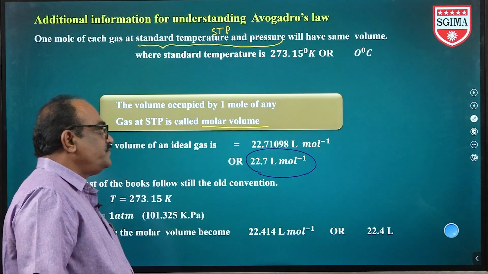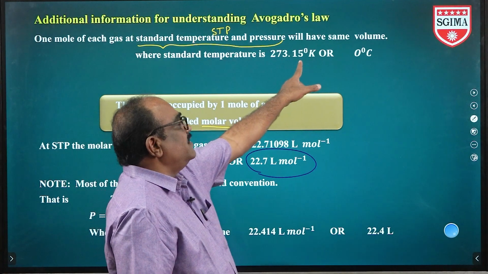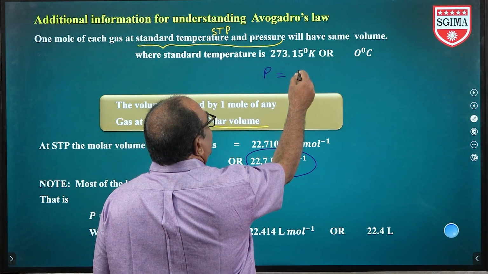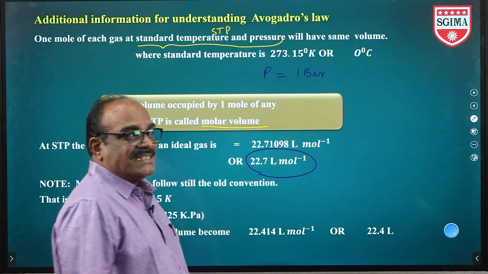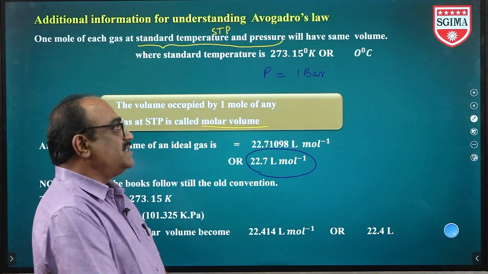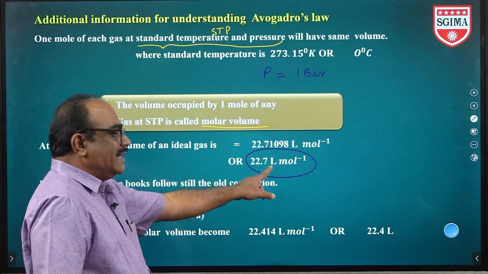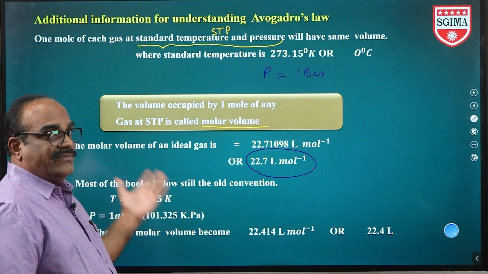But when you refer to books in problem solving, usually instead of 22.7, 22.4 is taken. The reason is the temperature is 273.15 and the pressure is taken as 1 bar, which is the SI system. Under that condition, gram molar volume will be 22.7. But usually the books follow the old convention.